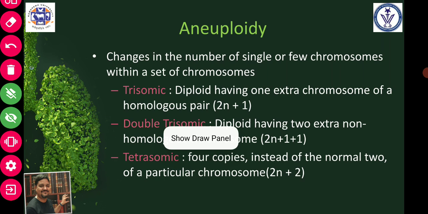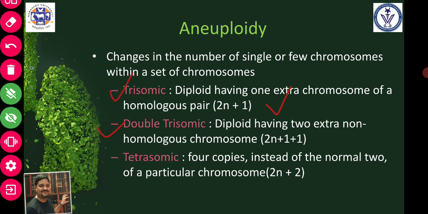Then the changes in the number of single or few chromosomes within a set, that means one or two chromosomes more. The first one is trisomic: a diploid having one extra chromosome of a homologous pair, that is 2n plus 1.